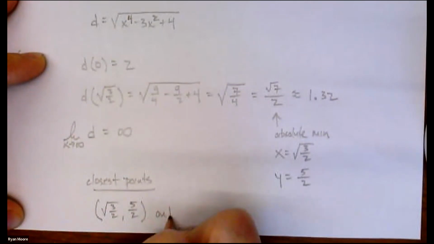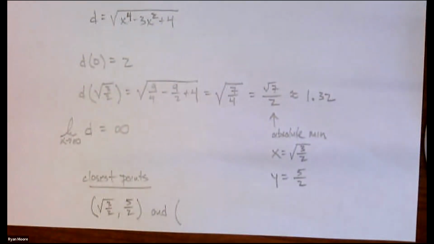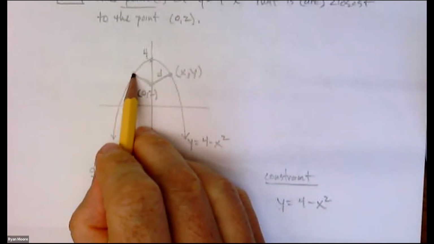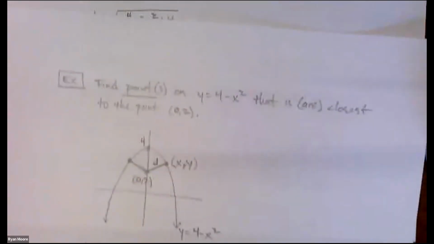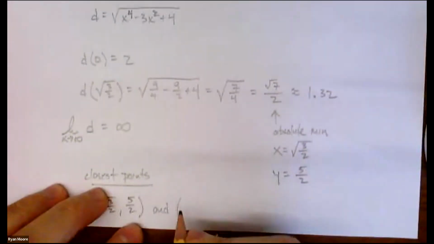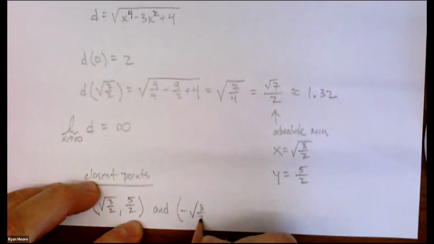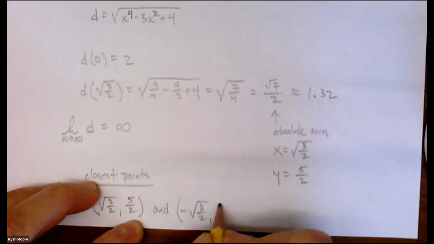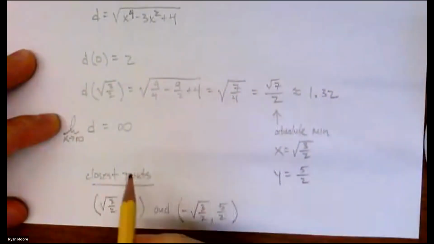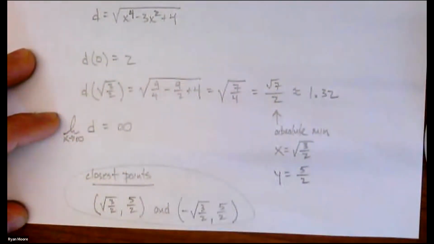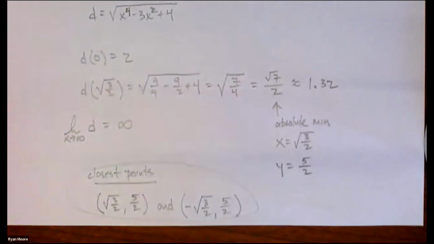And the other one has the negative x coordinate of this one, same y coordinate: negative root 3 over 2, comma 5 over 2, the other closest point. And we did it.